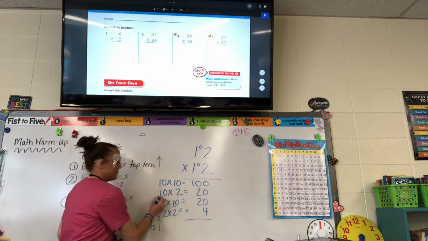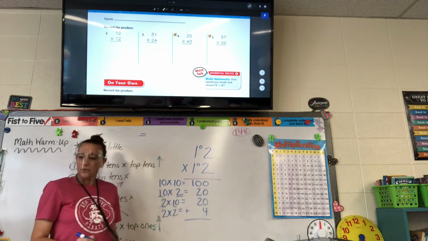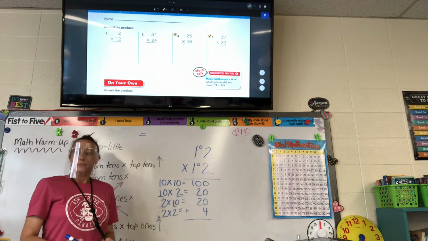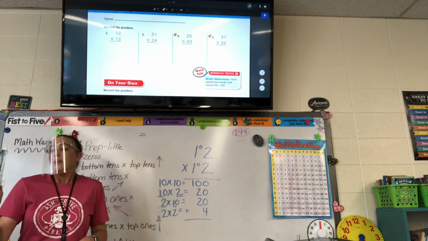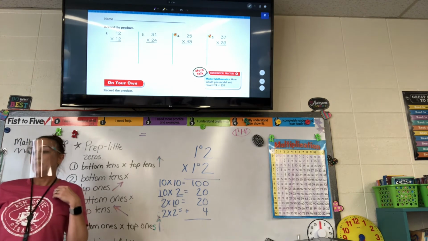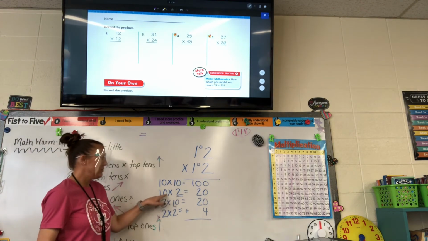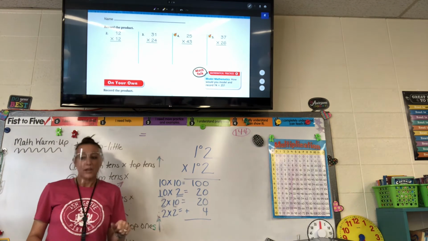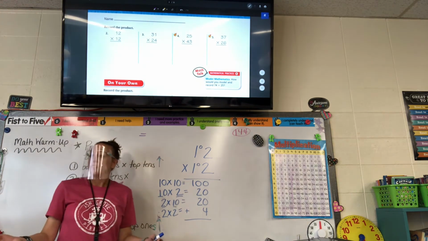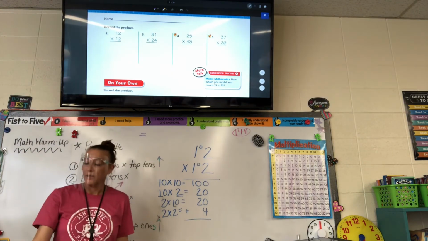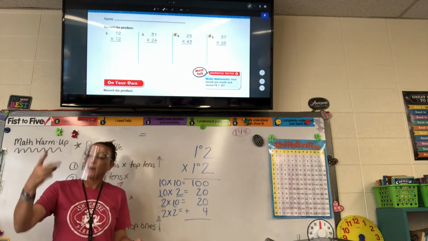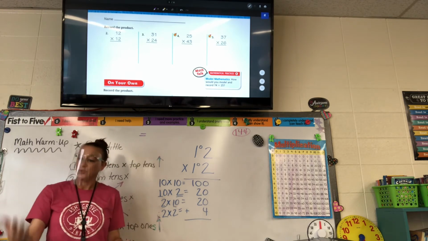And what's 1 times 2 equal? 2, right? 1 times anything is the other number. So 1 times 2 is 2, then you bring the 0 over. So not 200. So it's multiplying. So 10, 20. Or 2, 4, 6, 8, 10, 12, 14, 16, 18, 20.